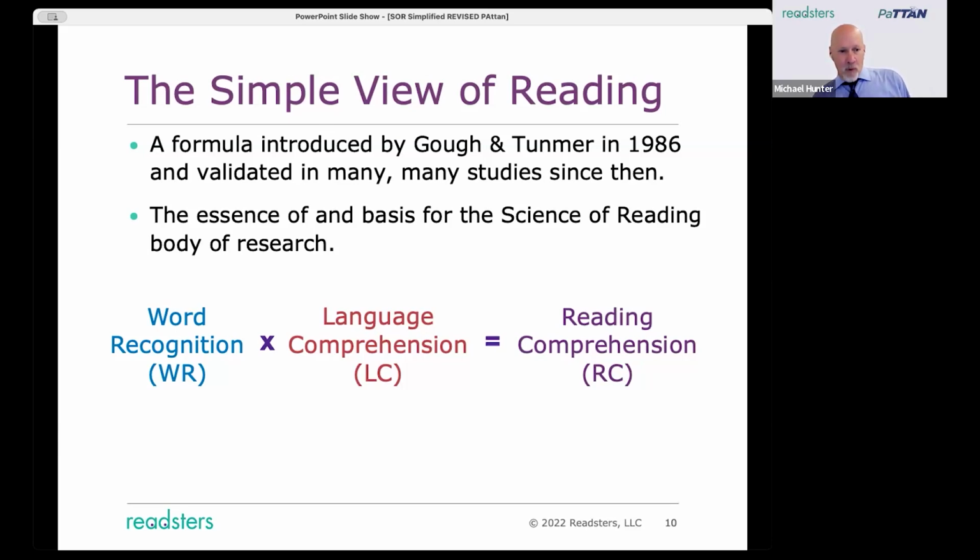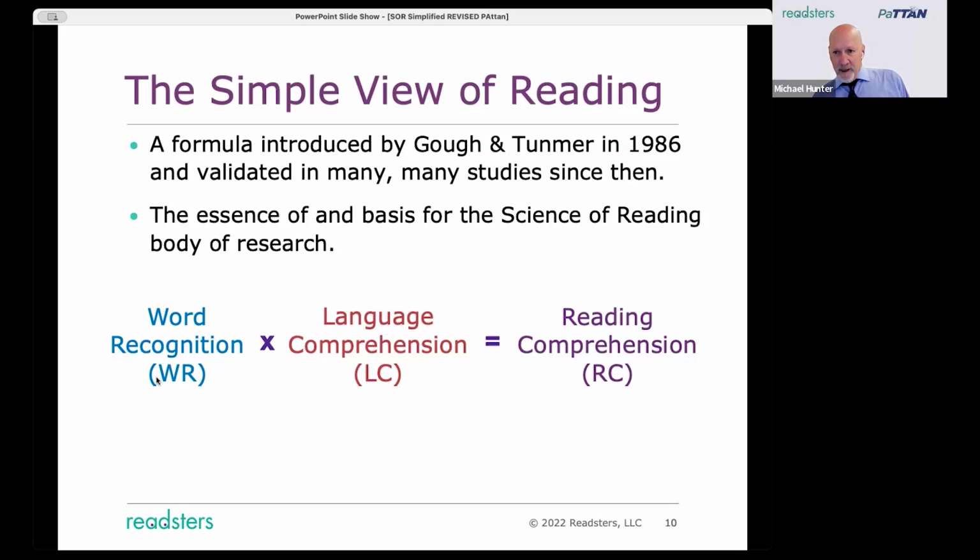So if you want a 1 over here in the formula for 100% for reading comprehension, if you know your basic math, word recognition times language comprehension has to be a 1 times a 1 to get a 1 over here. If your word recognition is only at 50%, that would be a 0.5. Even if your language comprehension is 1, you're only going to get a 0.5 over here.